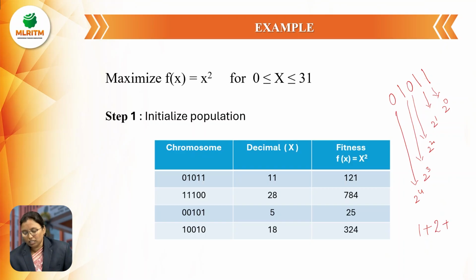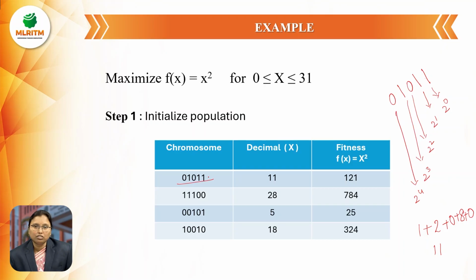Plus 2 square into 0, 0 into anything equals 0. Plus 2 cube, which is 8, 8 into 1 is 8. And 0 into 2 power 4, which is 16, 0 into anything equals 0. So the value of this number is 1 plus 2 is 3, 3 plus 8, total 11.